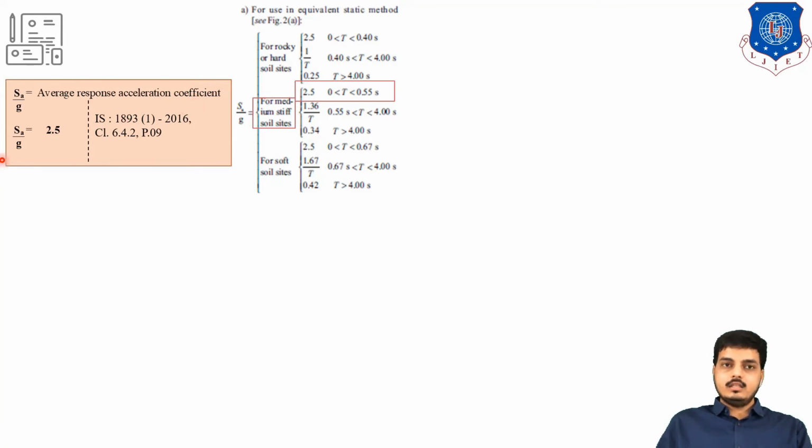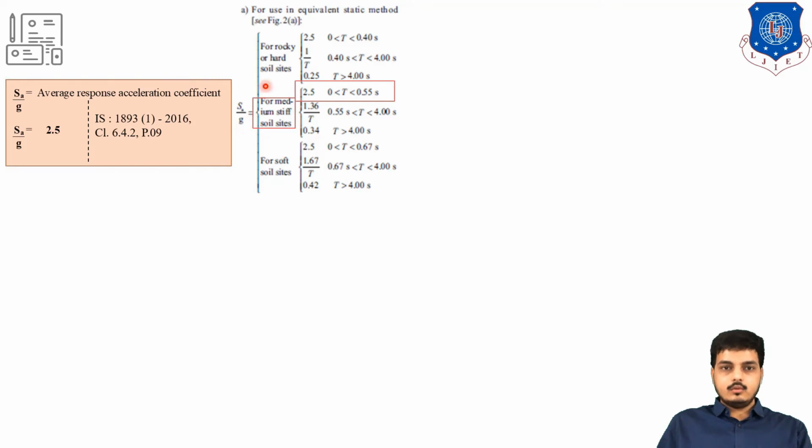You can find this Sa/g with the help of a graph also, which I explained in the previous session, but right now I am using this equation, which is very easy to use. Using clause 6.4.2 on page number 9, for the equivalent static coefficient method, this is for up to 5% damping.